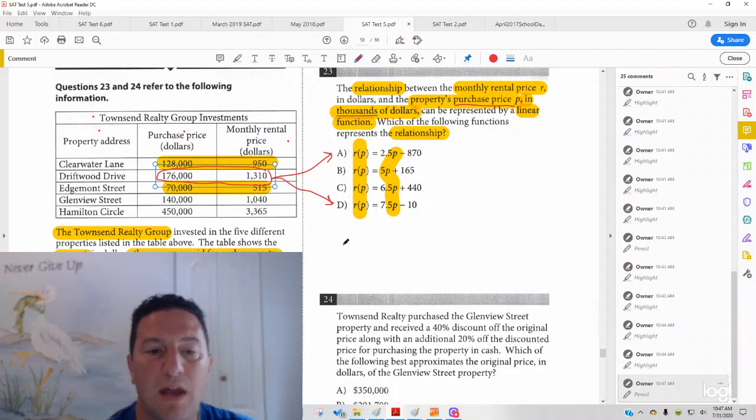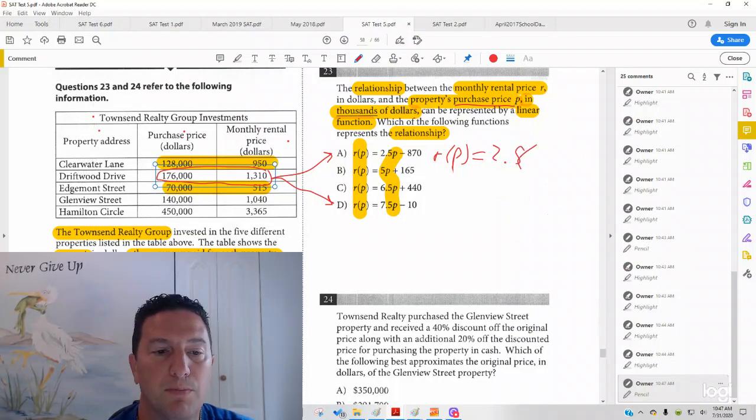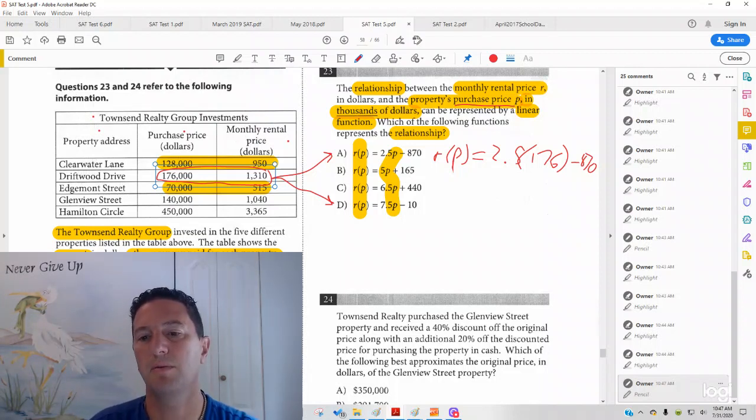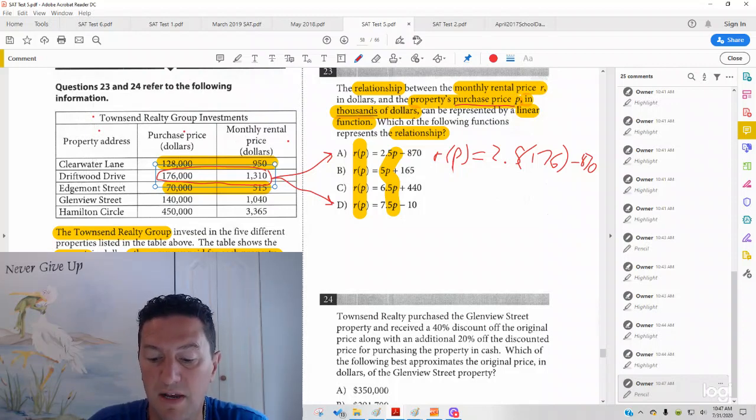And again, with your calculator, you could say R of P equals, answer choice A, 2.5, and then in place of P you could put your purchase price. So I just circled 176, then minus 870. So we're going to see if that works, and you may be able to see already that it's going to be a negative value, and if you do, then eliminate that answer and move on.